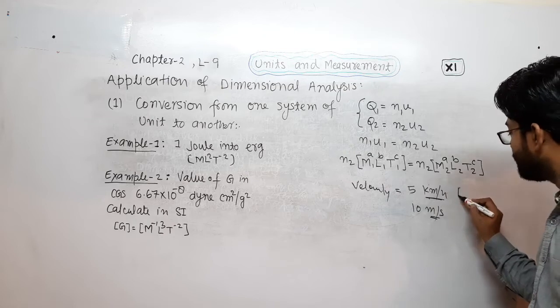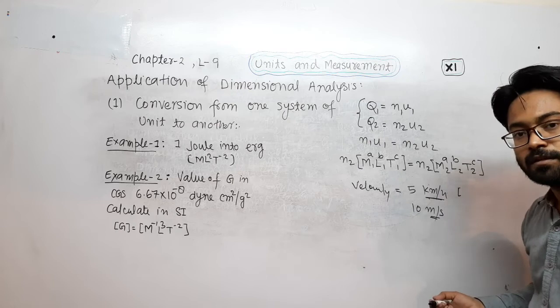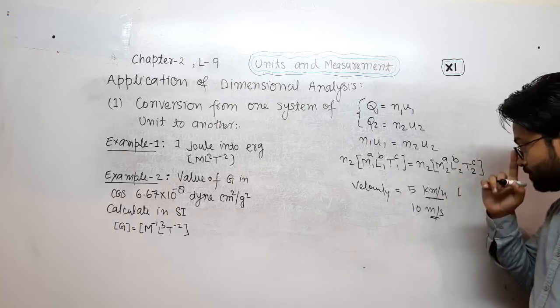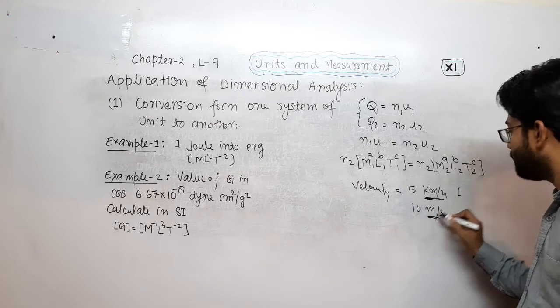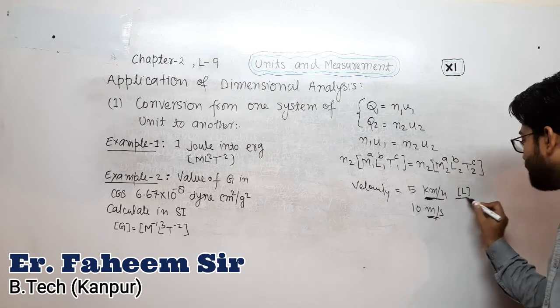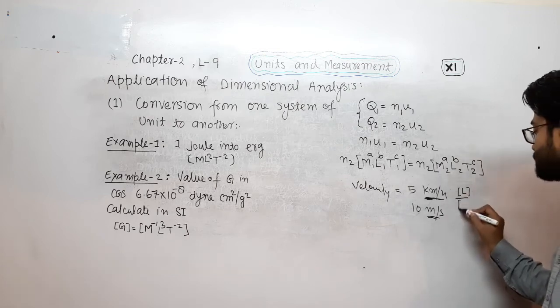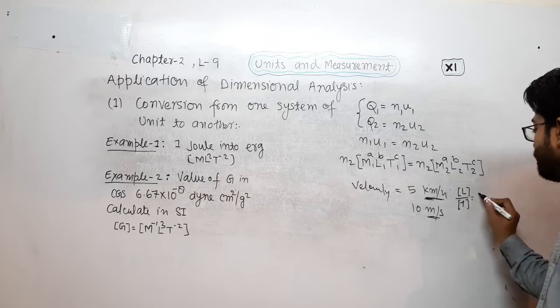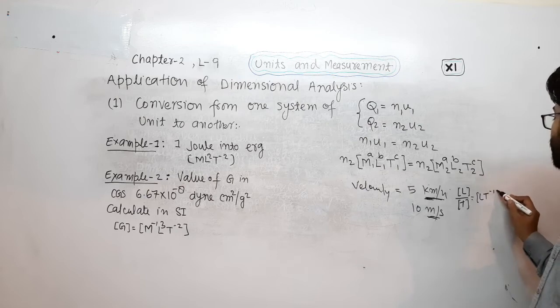Kilometer is length, and meter is also length, so this is the dimension of length, that is L. And per hour or per second is the dimension of time, that is T. Both units have the same dimension.